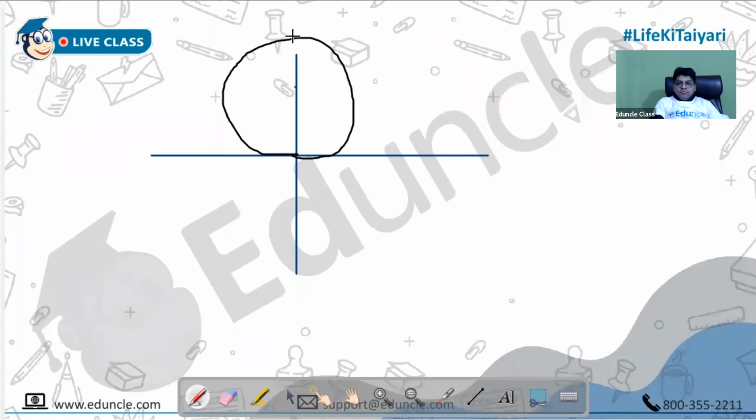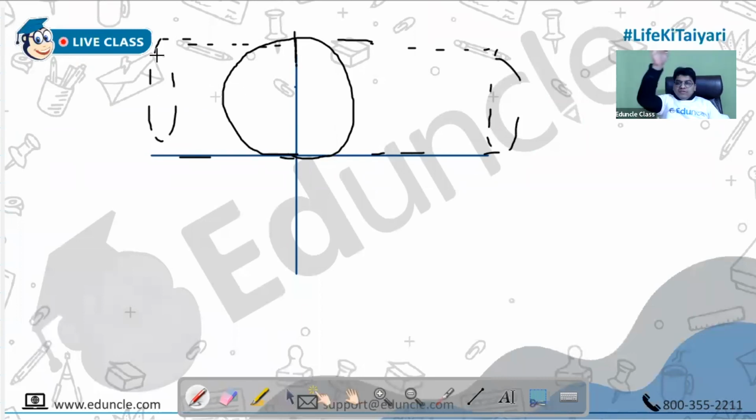This is the cylinder, and you have a sphere. Yes or no?